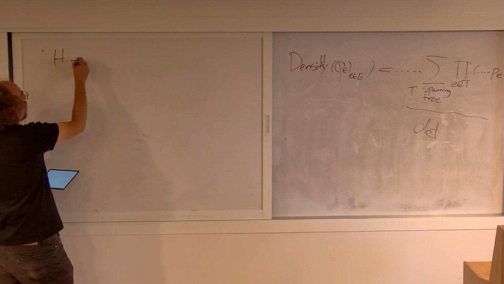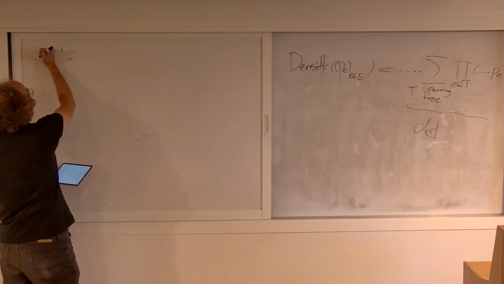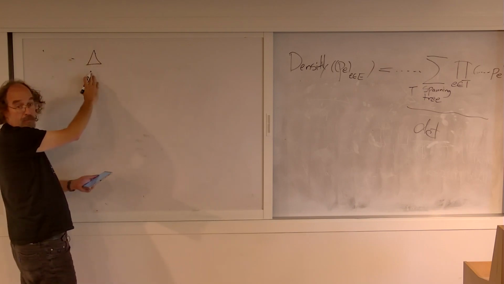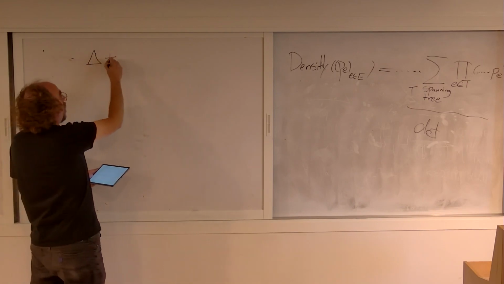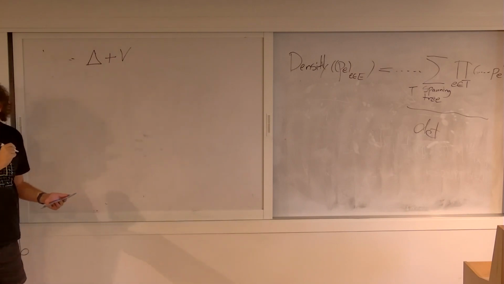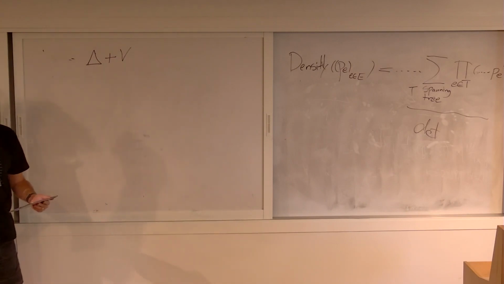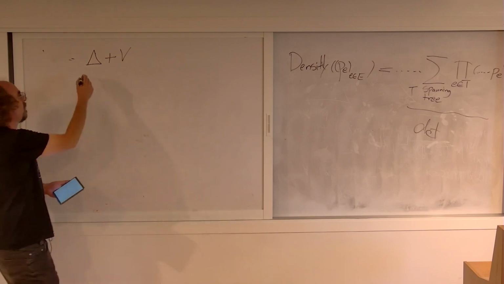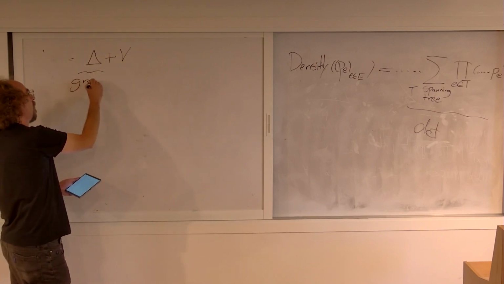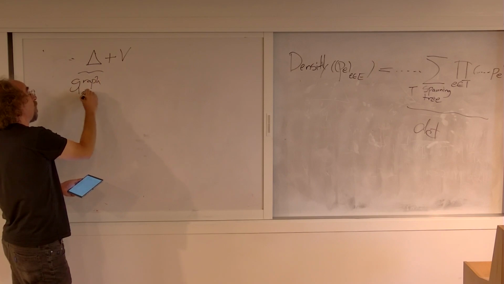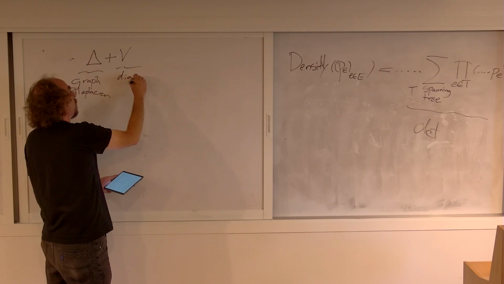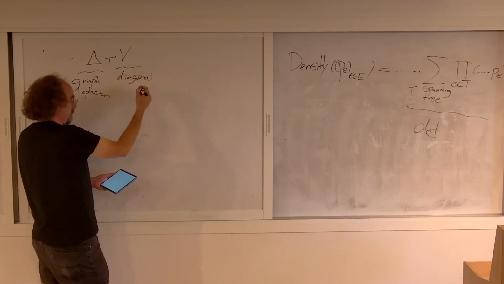The Hamiltonian is the Laplacian of the graph, as an operator or a matrix if you prefer, plus a diagonal operator, a diagonal matrix.